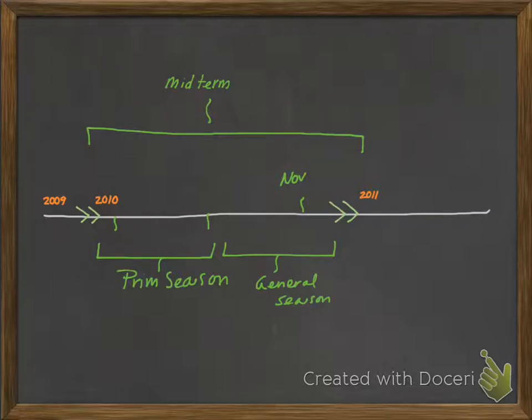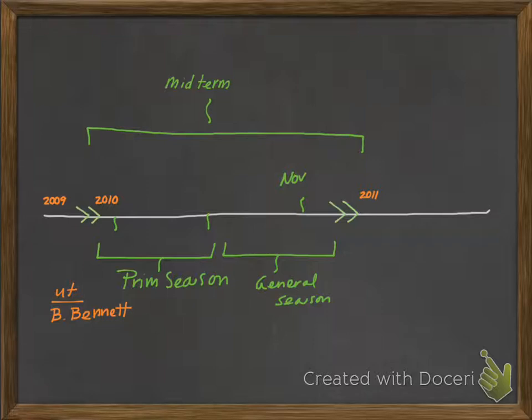One thing I will say about the primary season in 2010, just to give you something of a more local example, is let's take Utah, where you have the incumbent, Bob Bennett. Bob Bennett was a senator for the state of Utah for a lot of years and was running again in the Republican primary.